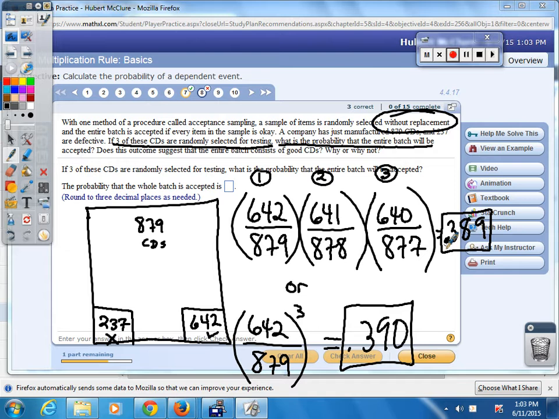No. It says round to 3 decimal places, so I assumed that this was 389 something. It was 0.3896. And what was this one? 0.3891. Okay. 0.3896. So you might need to go with this one.